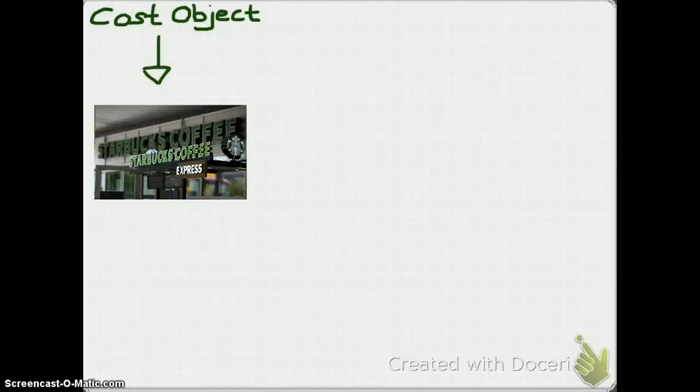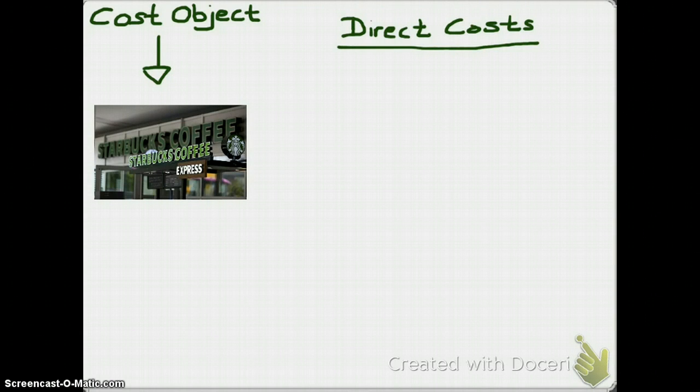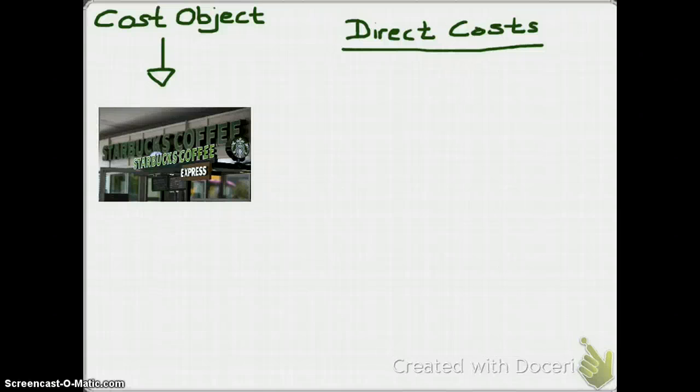Let's take a look at a different cost object. This time your cost object is going to be an individual Starbucks store. What would be the direct costs for this particular store? Earlier our cost object was a cup of coffee. This time it's a retail store. Again, remember, direct costs are costs that can be directly traced to this particular cost object.